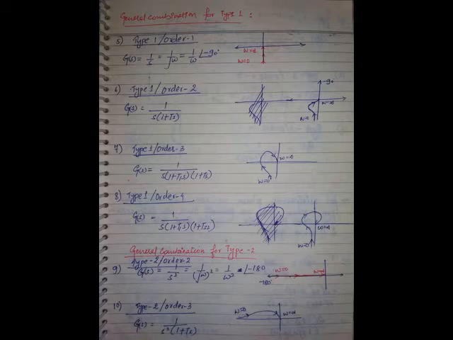Suppose if there are non-minimum phase functions, such as 1 minus T1s, because of this 1 minus T1s factor, again the angle is going to change. But it is type 1 only. Type 1 shapes will be like this, but the quadrants in which the plot travels will differ.